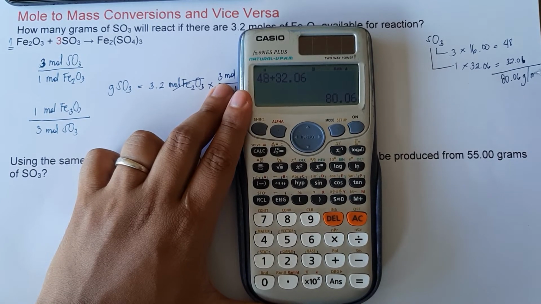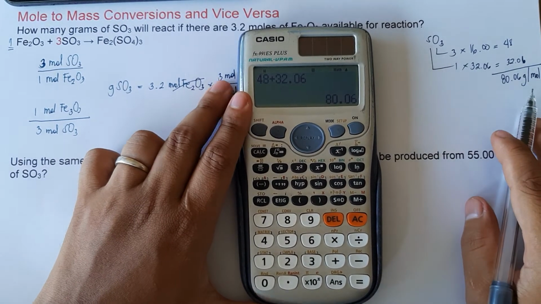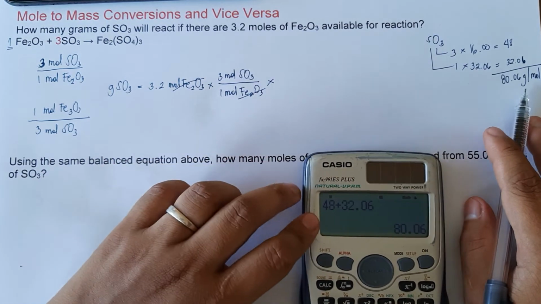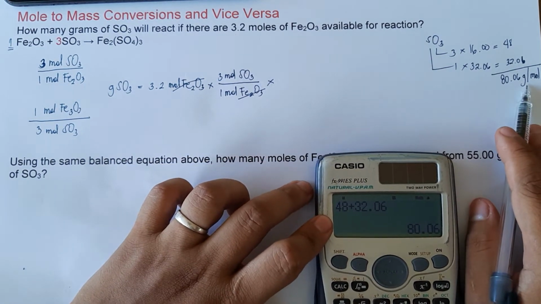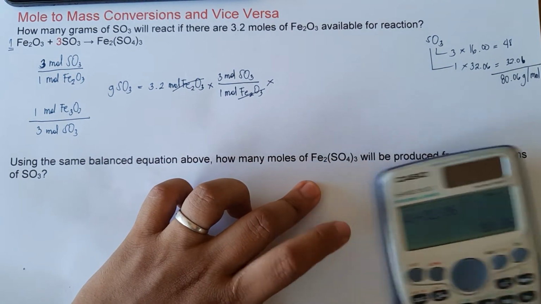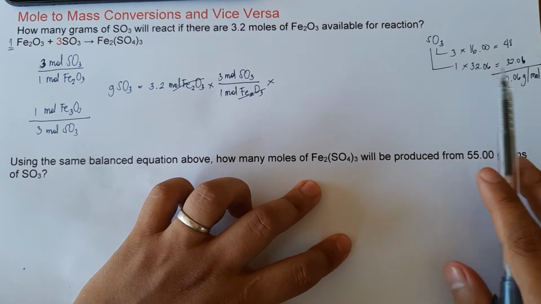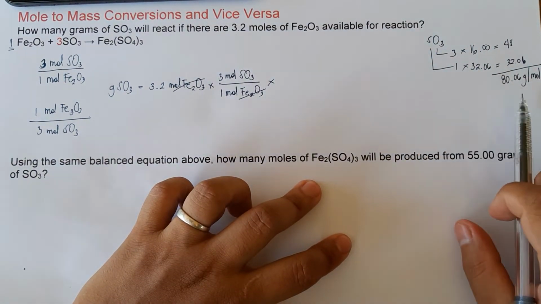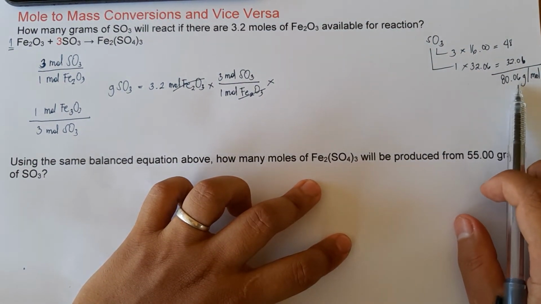gram per mole. So, ito yung ating gagamitin dito sa ating molar mass. Ang ibig sabihin po nito, in every 1 mole of this sulfur trioxide, meron tayong 80.06 grams.